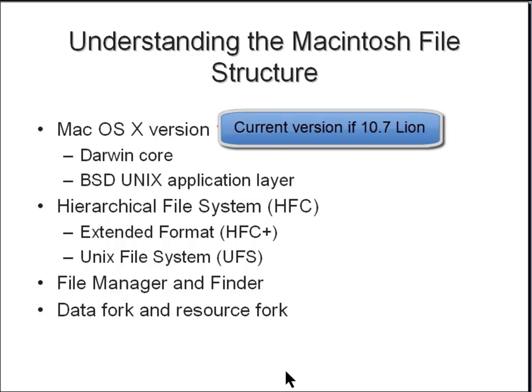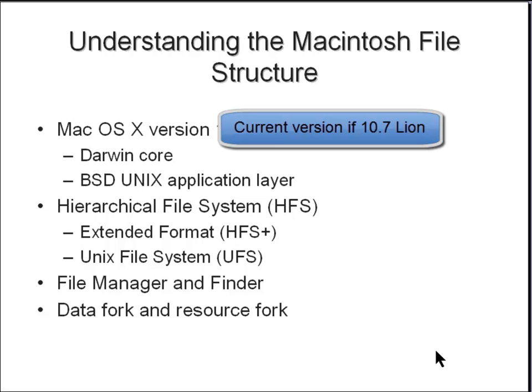When you first attempt to install Mac OS X on your hard drive on a Macintosh, it gives you the option of either installing on a HFS Plus file system or the Unix file system. And the Unix file system is akin to the old FAST file system that's used by BSD and some other Unixes.